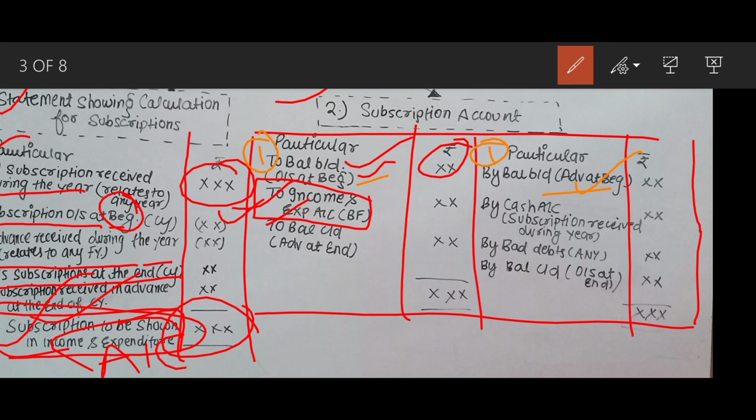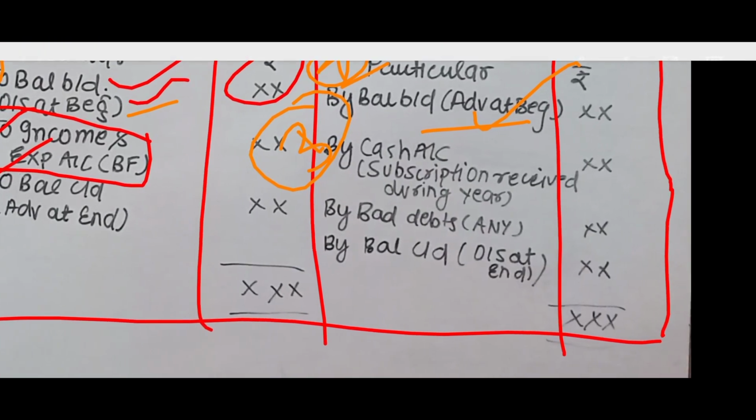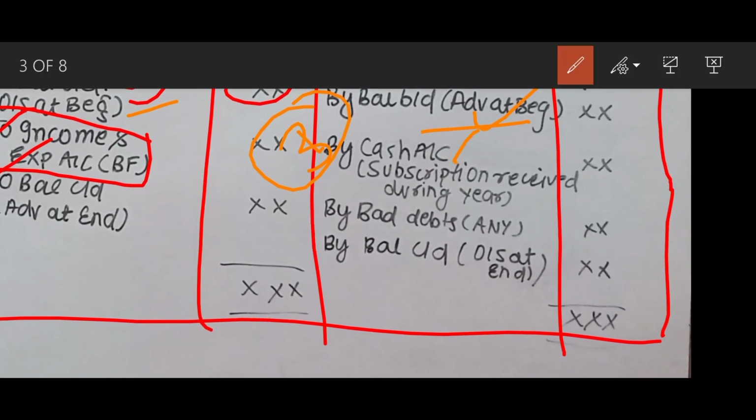Then you have to write by cash. Now the third one is by cash account or bank account, whichever is applicable to your case. You have to consider the subscription received during the year.